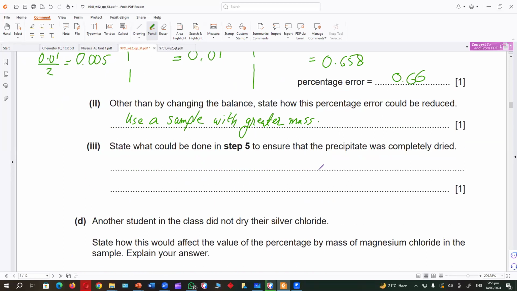State what could be done in step 5 to ensure that the precipitate was completely dried. We can do one thing, we can wash it 2-3 times, and we have to keep on weighing. When the mass becomes constant and washing is not changing the mass anymore, it means that washing is complete and dry. Second option, we dry it every time, and we keep on washing, keep on drying until the mass remains constant.